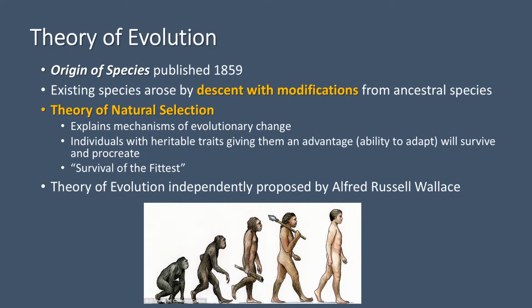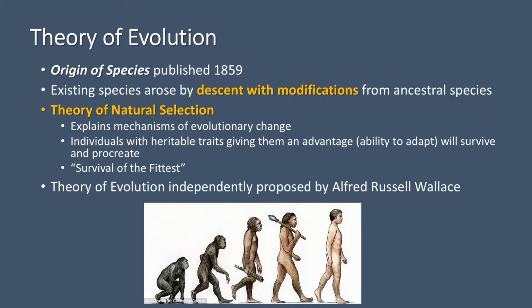So anytime there was some kind of change in the animal that gave it some kind of advantage, an ability to adapt to its environment, then those would be the individuals that could survive and carry on, procreate. And so that whole idea is called the survival of the fittest.